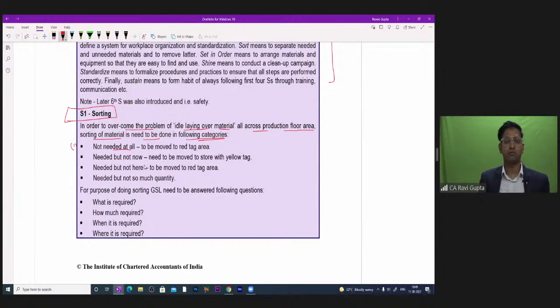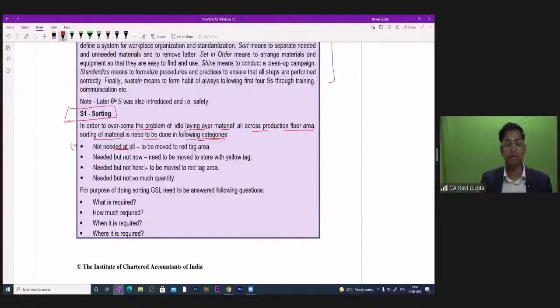There could be a lot of material lying here and there, like in your room or at your workplace. You have to classify. Sorting is about classifying what we need, what we do not need at all, and what we need but not now. So there has to be a classification in this manner.